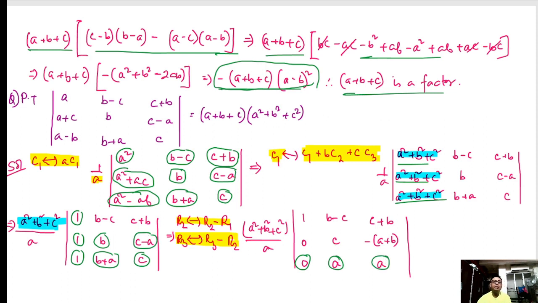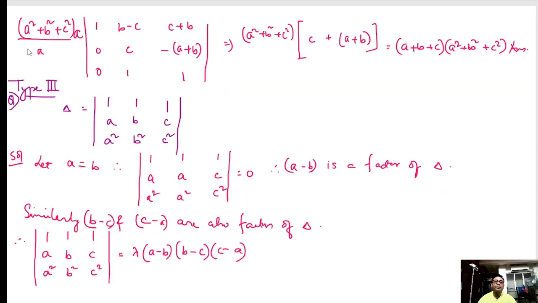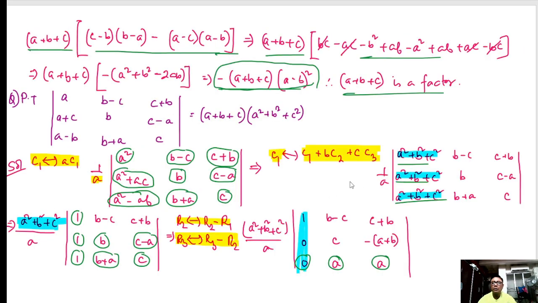Now expanding along the first column, because we got 1 0 0. Okay, so let's see. If I expand along the first column, then this is coming. Please watch here. I can take an A common from the third row. Yes, I can take an A common from the third row, which will come out.